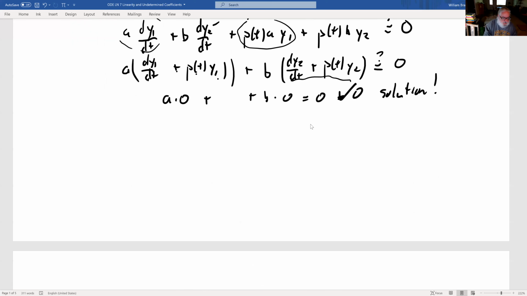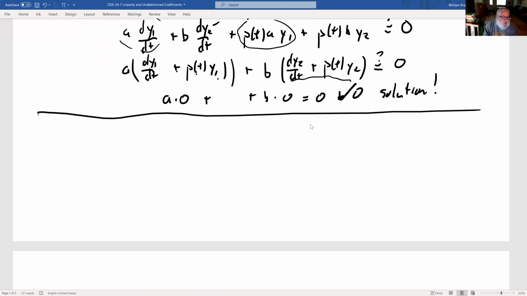So, same procedure here. y1 solves y prime plus py equals q, right? And here y is a variable. So what this means is that y1 prime plus py1 equals q.